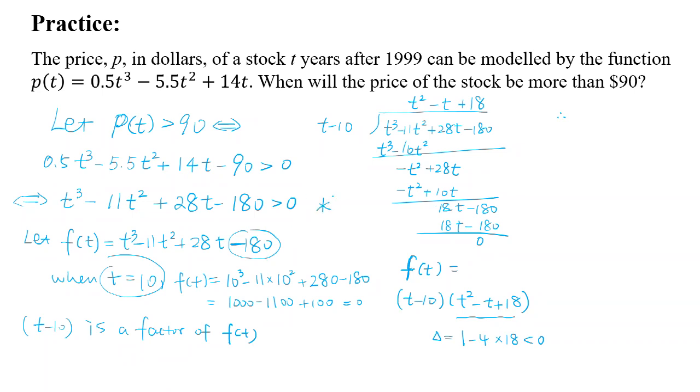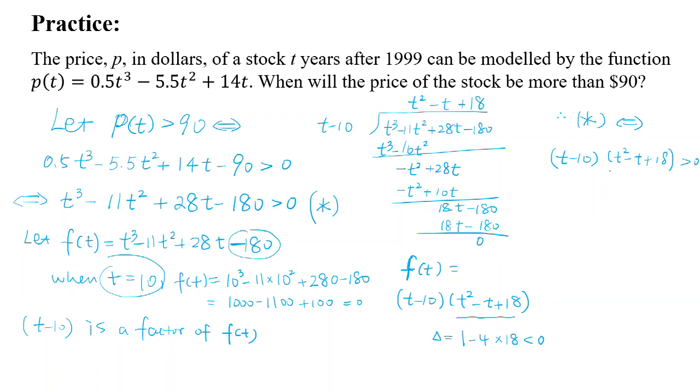So let's call this asterisk. Asterisk is equivalent to t minus 10 times the quadratic, greater than 0, right?